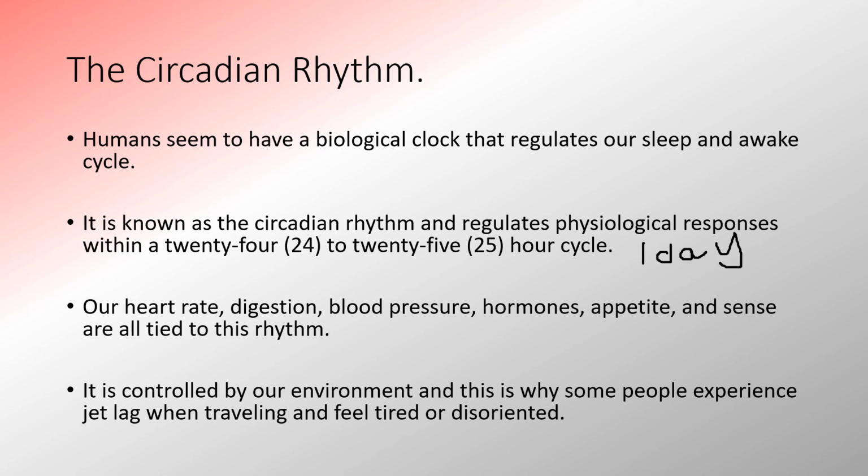Sorry about my silly handwriting there. It includes our heart rate, our digestion, our blood pressure, our hormones, our appetite, and our senses, which are all tied to this rhythm. And it's not controlled by sleep or our body necessarily, but typically by our environment.